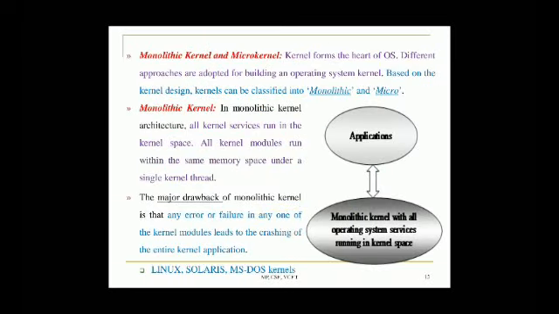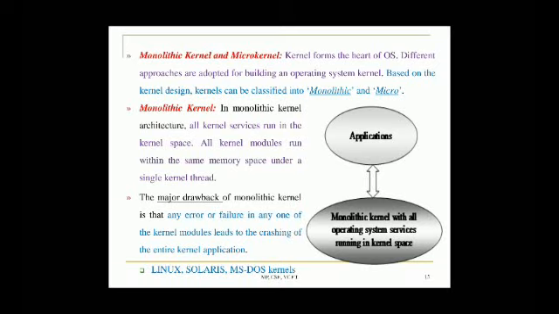Coming to one new concept, that is monolithic kernel and microkernel. We all know the kernel is the heart of the operating system. Based on the kernel design, kernels are divided into two. The one is monolithic kernel and the second one is microkernel. In the case of a monolithic kernel, all the kernel services run in the kernel space itself, and all kernel modules run within the same memory space under a single kernel thread.